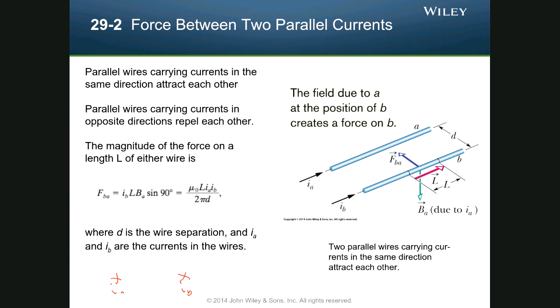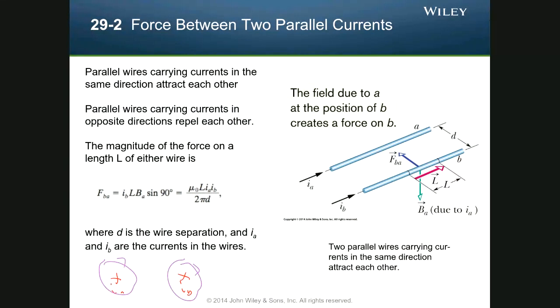So let's look at this here. We'll have a magnetic field from this one that's in a circle, and we'll have a magnetic field from this one that's in a circle. And both these will point that way. Now, this is where things get interesting.